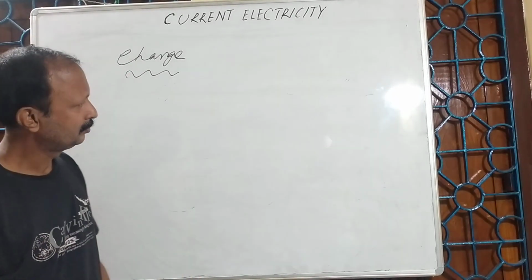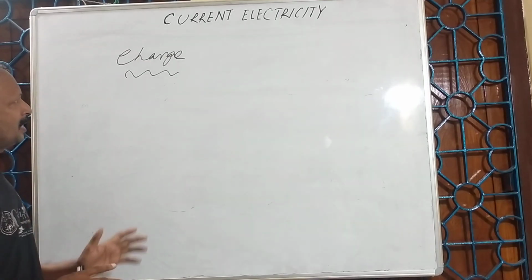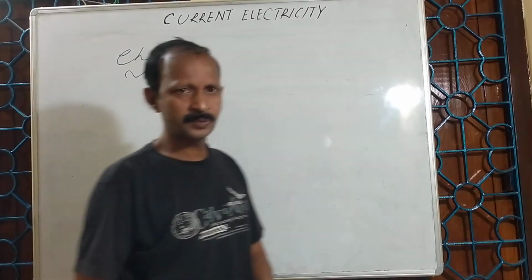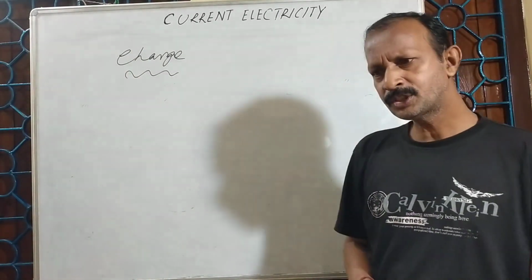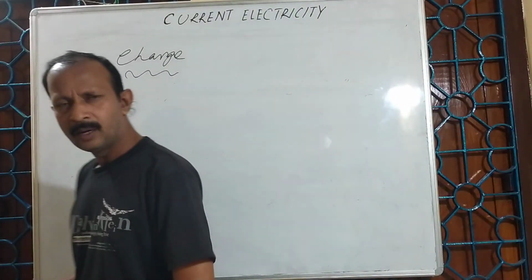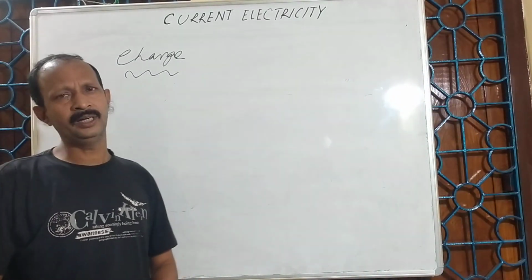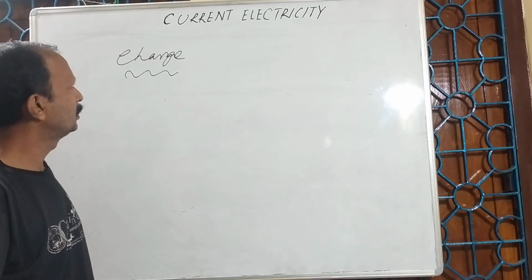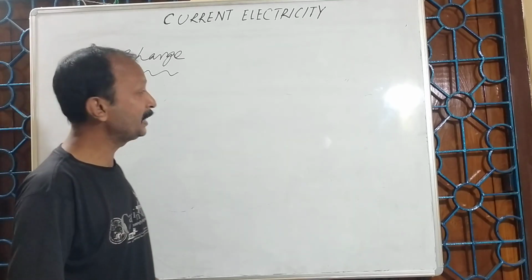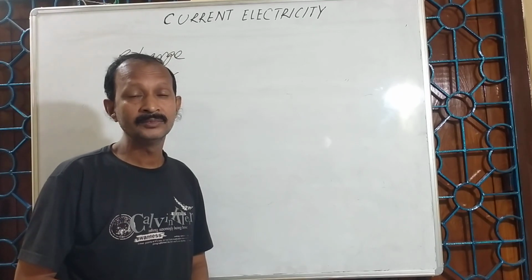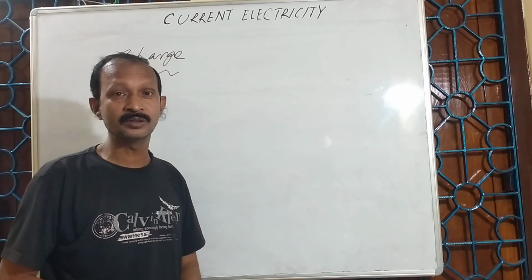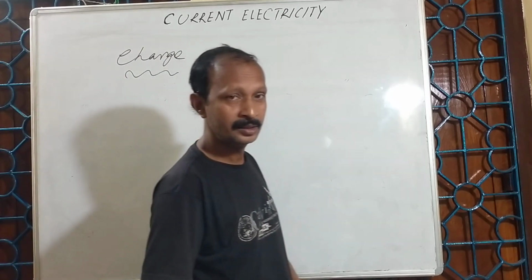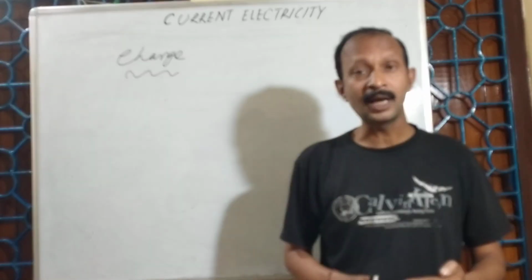So children, in today's class I just explained about charge. In the next video, definitely we'll discuss more about current electricity, which is related to charge. One more thing I would like to say. Are you thinking charge is a scalar or vector?